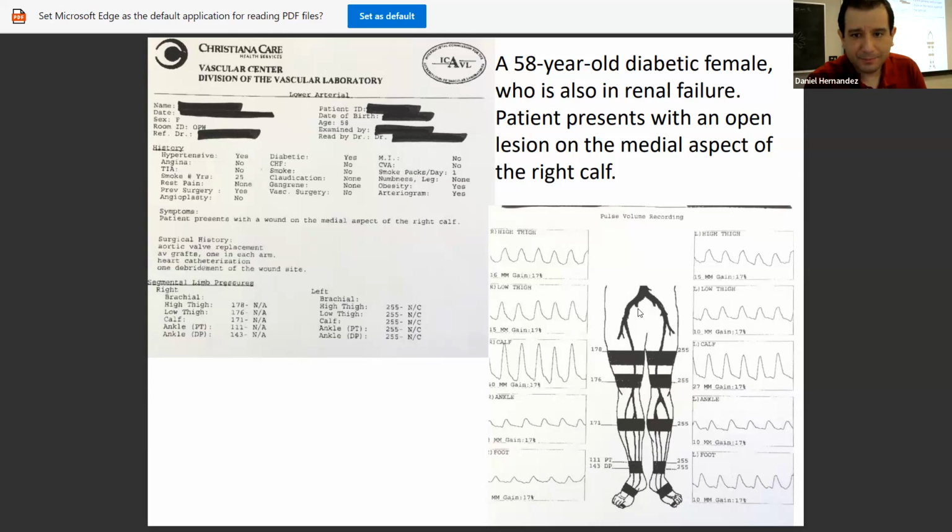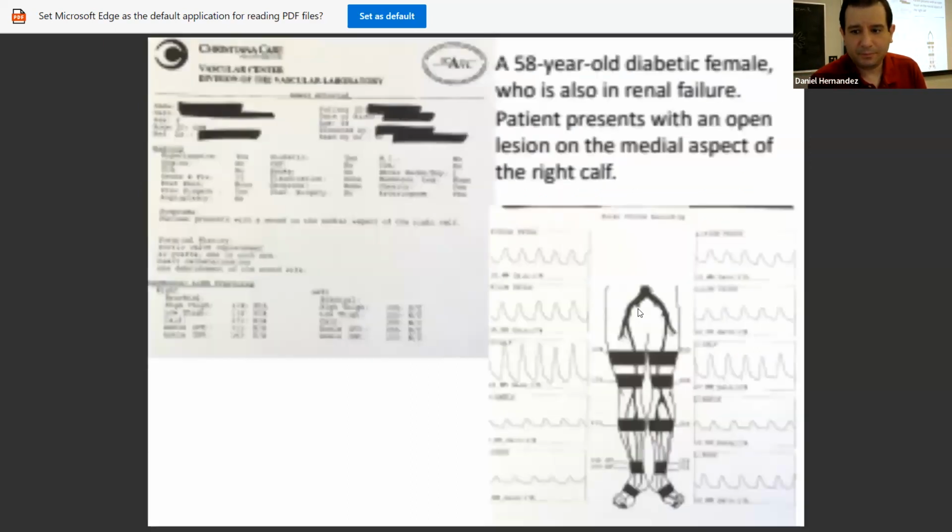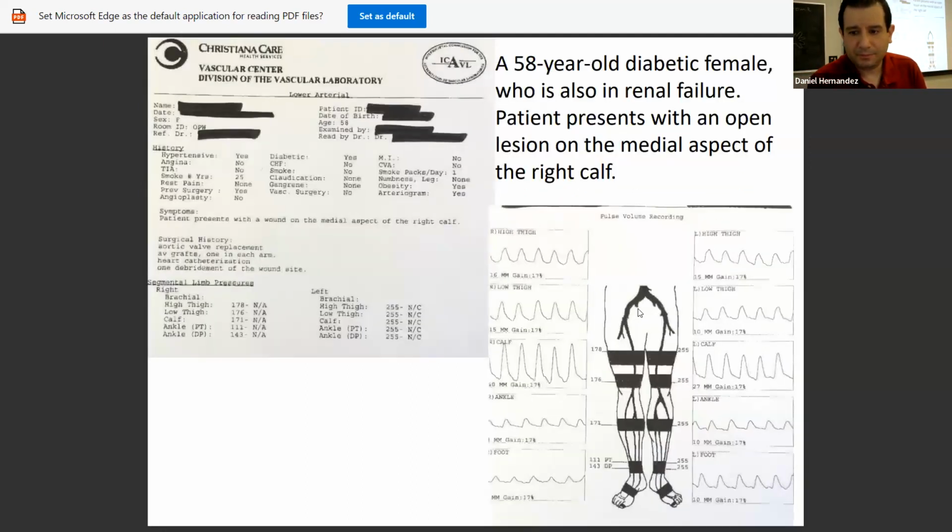That's it. Medial aspect of right calf. Yeah. So at that point, how would she eventually become the lighting to it?